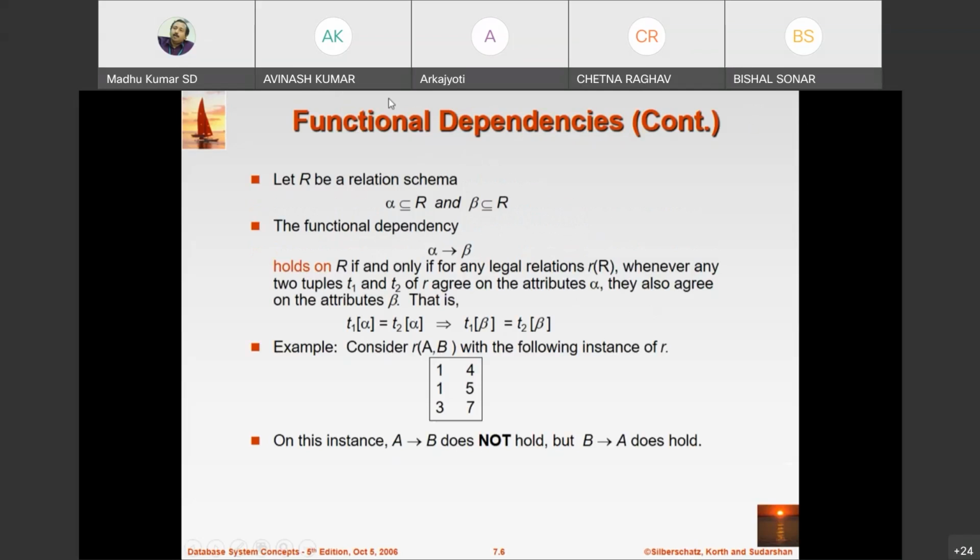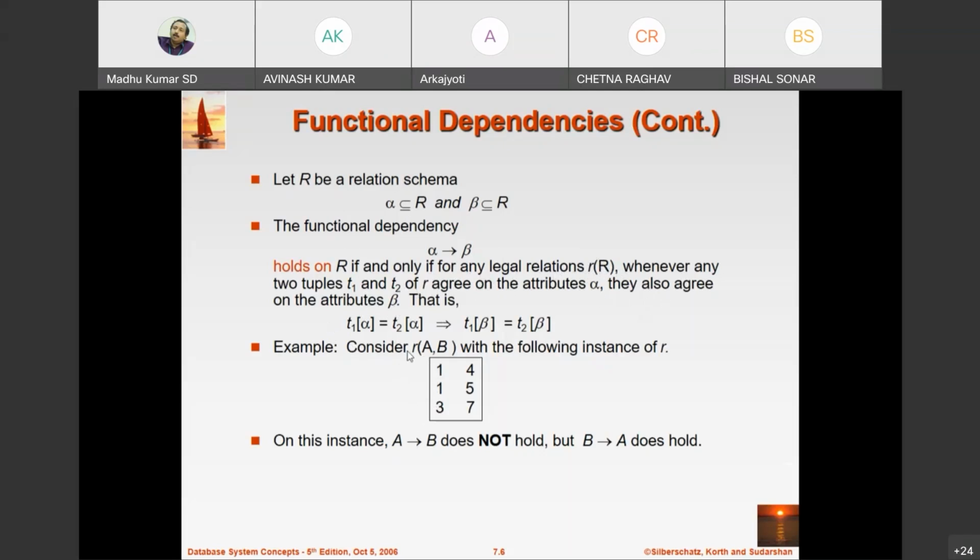So here is a formal definition of these functional dependencies. Let R be a relation schema, and alpha is a subset of R and beta is a proper subset of R. Then we say that alpha determines beta, or beta is functionally dependent on alpha in R, if and only if for any legal relation r, which is a set of tuples of capital R, whenever any two tuples T1 and T2 of r agree on the attributes alpha, they also agree on the attributes beta.